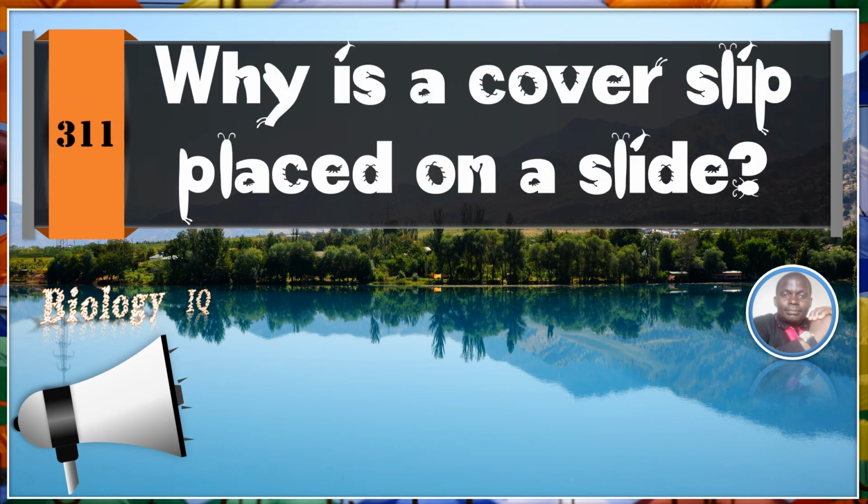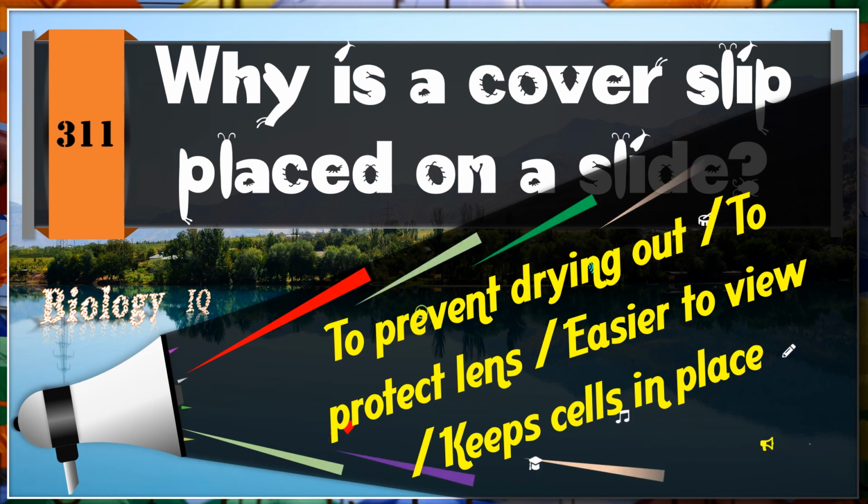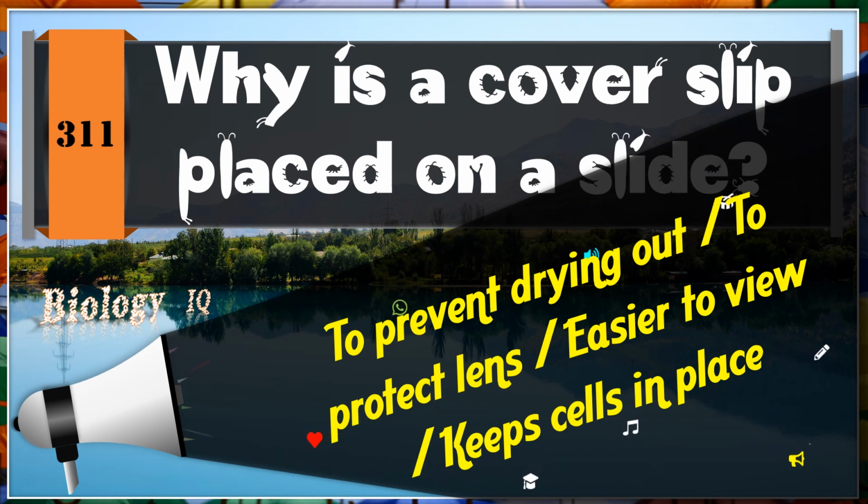Why is a cover slip placed on the slide? To prevent drying out, to protect the lens, for easier view, and also to keep cells in place.